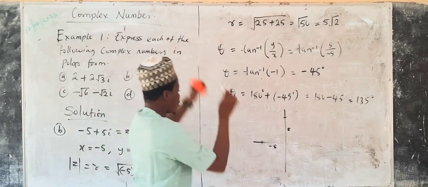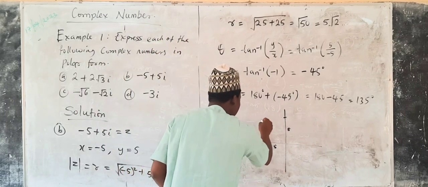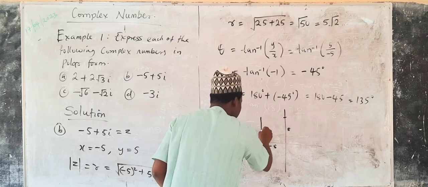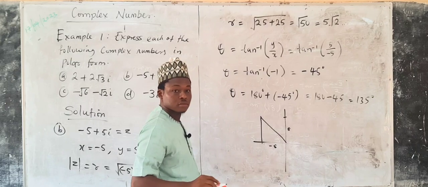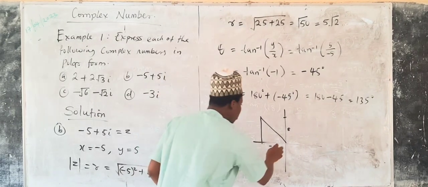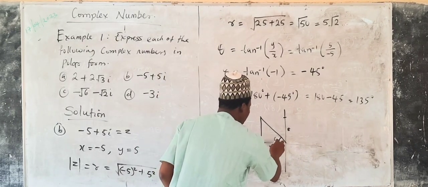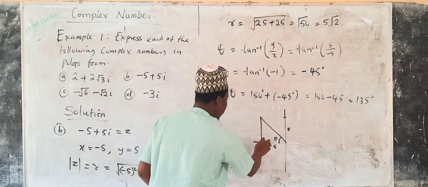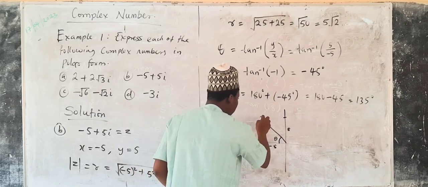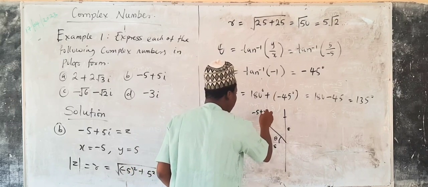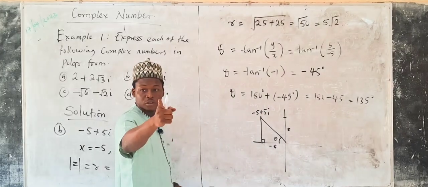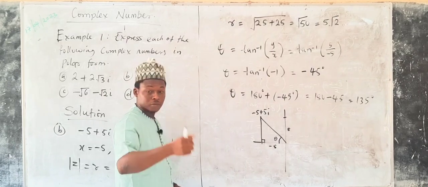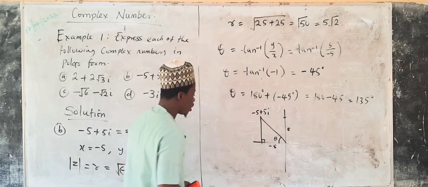So what it means now is we are going to have something like this. Do you understand? So this is the theta that we have. So this is minus 5 plus 5i. That clear?